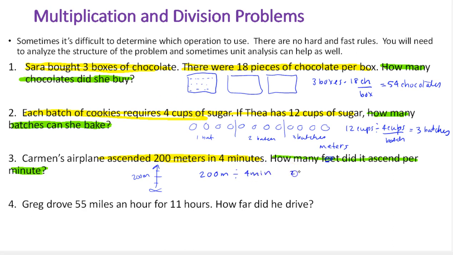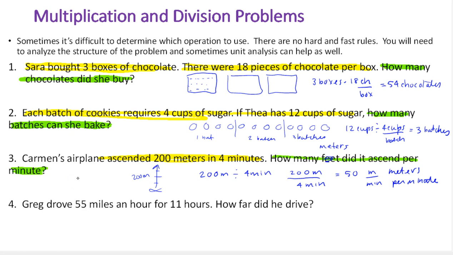Okay, and also notice if we put 200 meters over 4 minutes, 200 divided by 4 is 50, and this is meters per minute. Meters over minutes is meters per minute. Okay, and notice that's the result we wanted. How many meters did it ascend per minute?